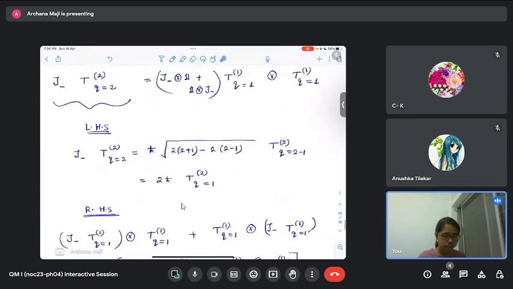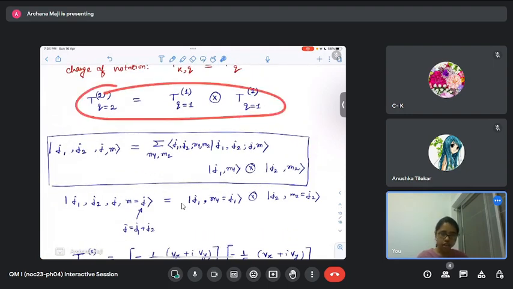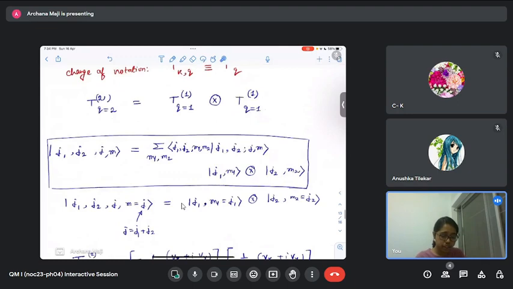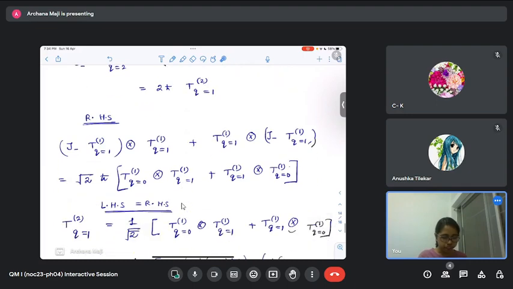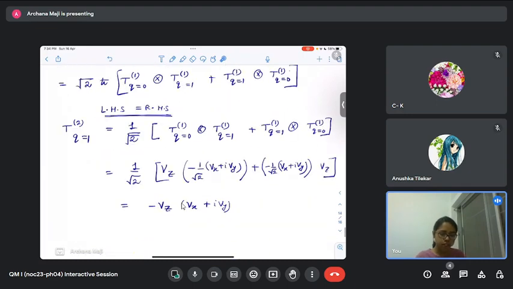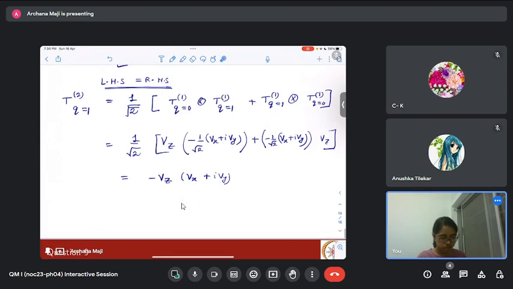So we started with the stretched state, which is this, and then we operated by the lowering operator on both sides to figure out what is T2 q equal to plus 1. Now once we have obtained T2 q equal to plus 1, we can lower it further to get T2 q equal to minus 1. So okay, maybe I'll write down the answer.